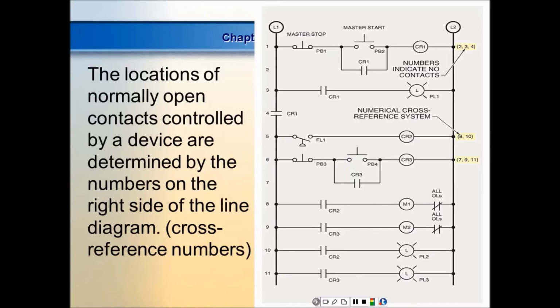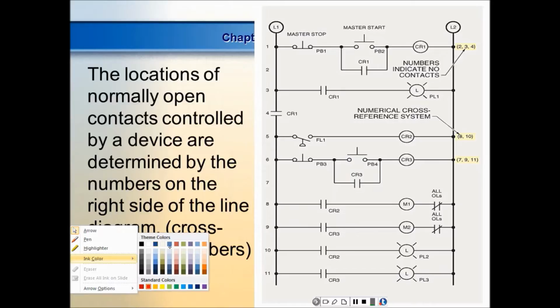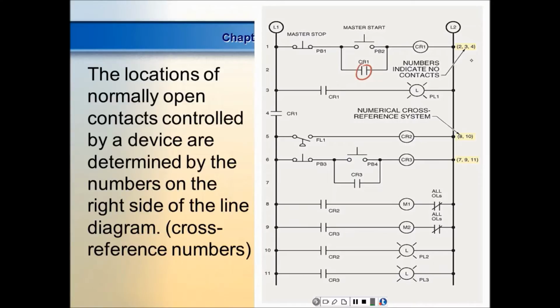And when I look in line 2, I see a contact labeled what? CR1. Then I come up here and it says line 3. Well, I go down here and look at line 3. I see a contact in line 3 labeled what? CR1.